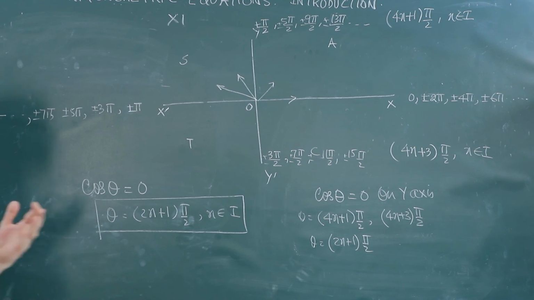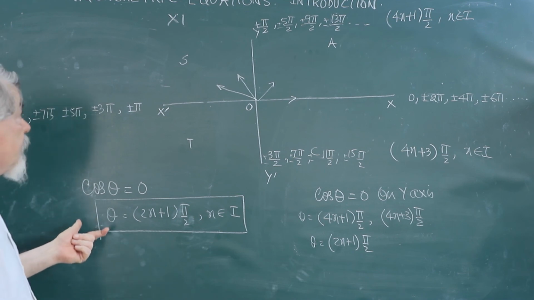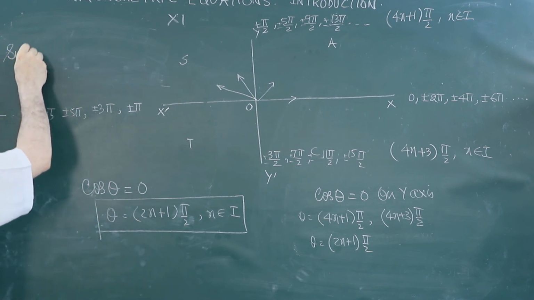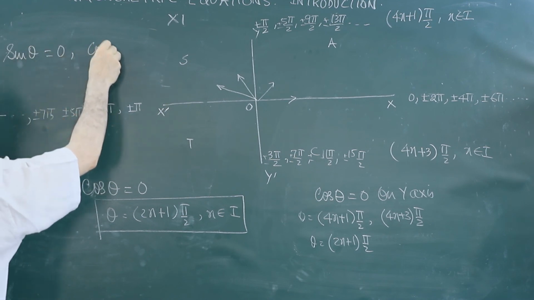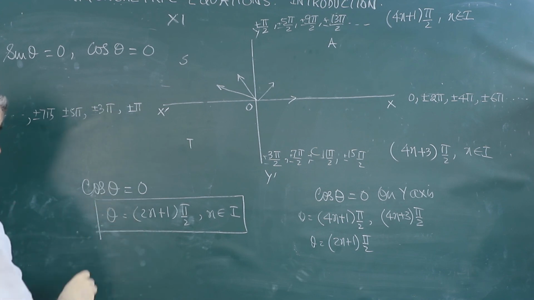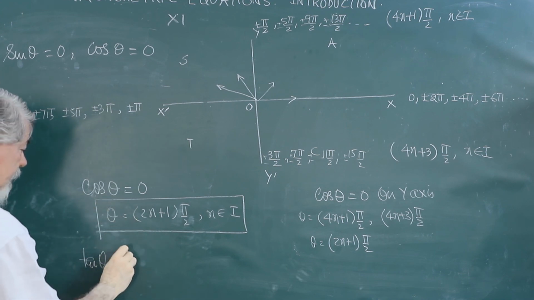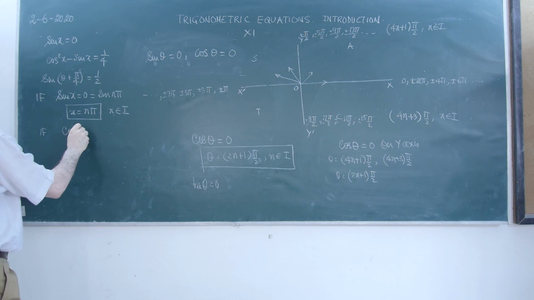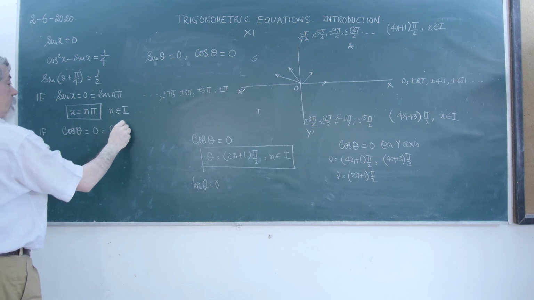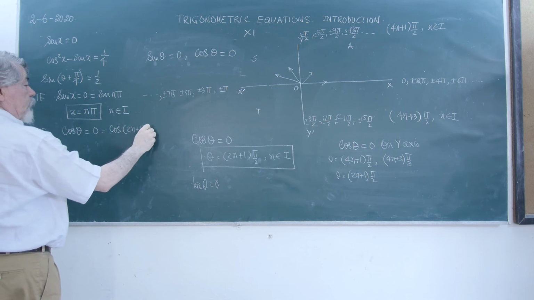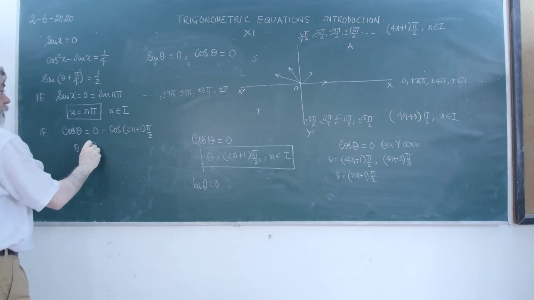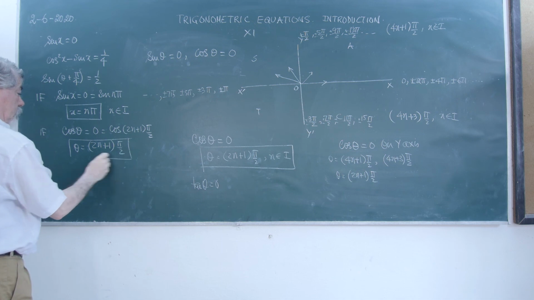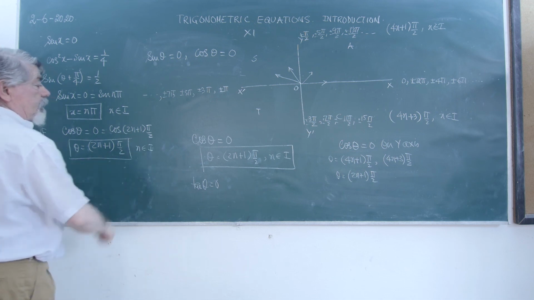We are specifically discussing the special cases: sin theta is 0, cos theta is 0, and now the third one is tan theta is 0.